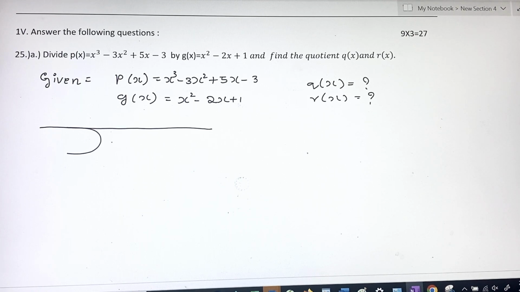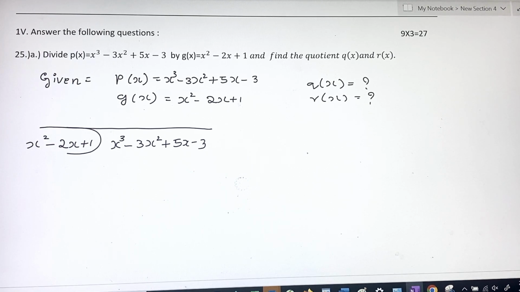Okay, now write the dividend and divisor. x cube minus 3x square plus 5x minus 3, divided by x square minus 2x plus 1. Okay, so how do we find this?